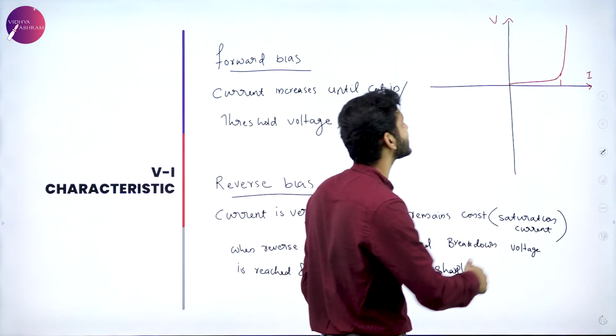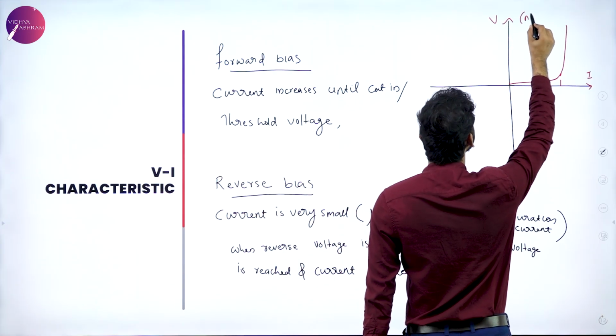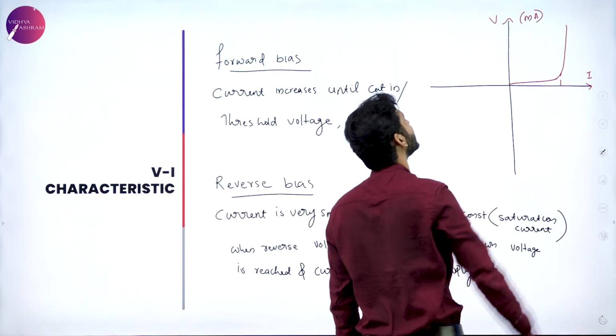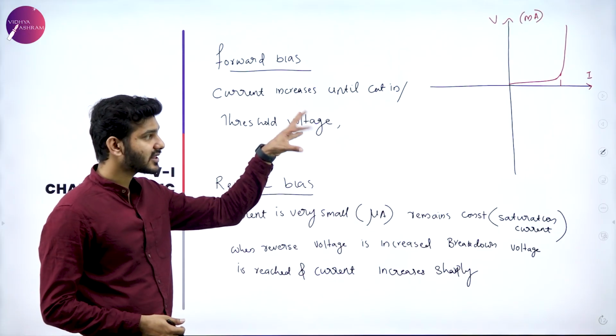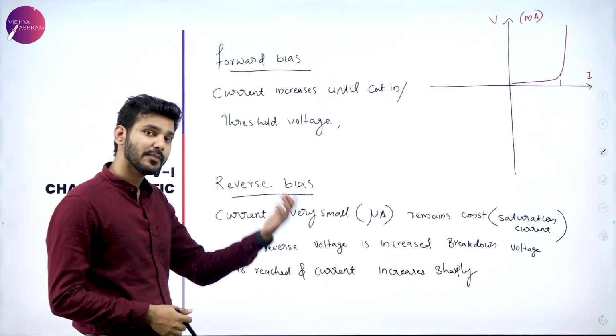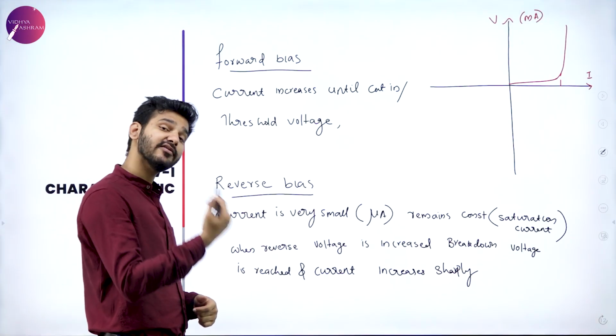This is indicated in milliamperes. Milliamperes is the scale used to measure the current flow through a PN junction diode when it is in forward bias.